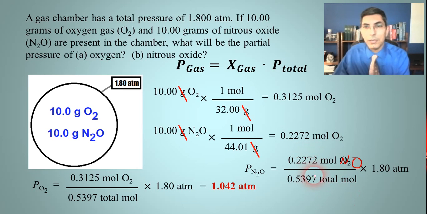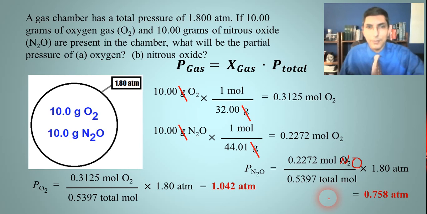When we do this arithmetic, we find that the partial pressure of the nitrous oxide is 0.758 atmospheres. So once again, it's very similar to the last problem, except in this one, we had to convert to moles first, which is not hard, but that's an extra step.